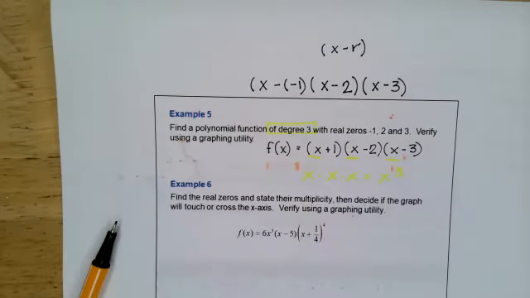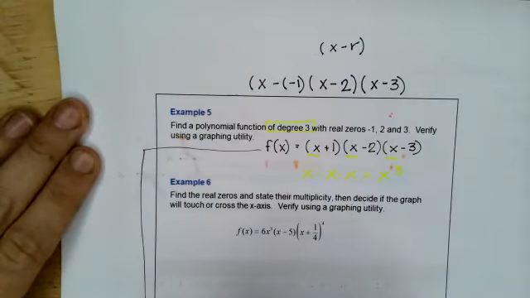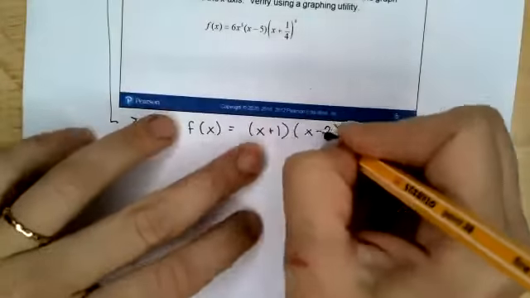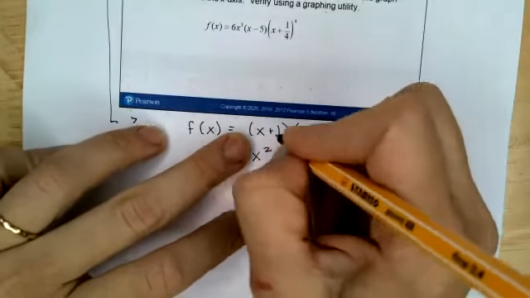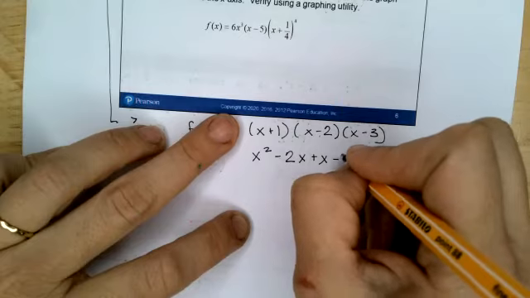They might ask you to put it in standard form. So you just FOIL it. x times x is x squared, -2x plus x, minus 2.